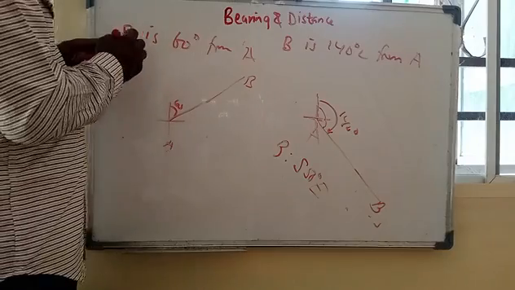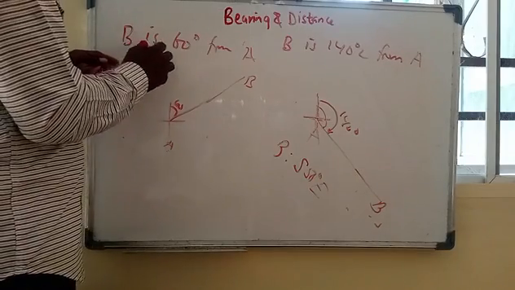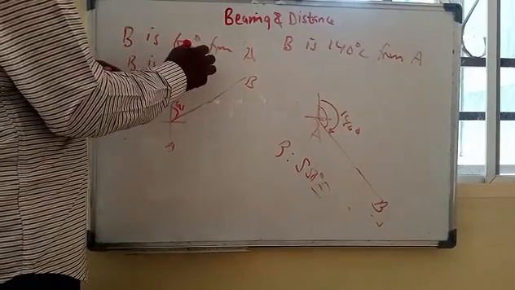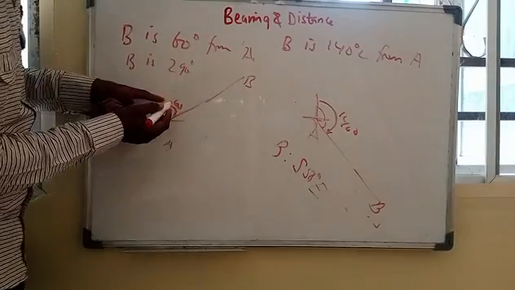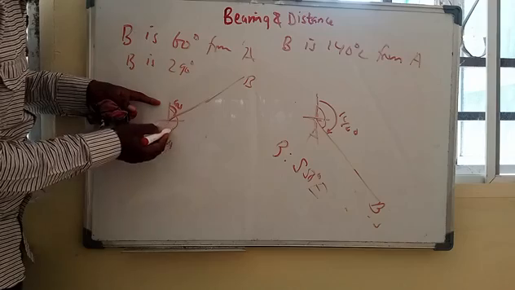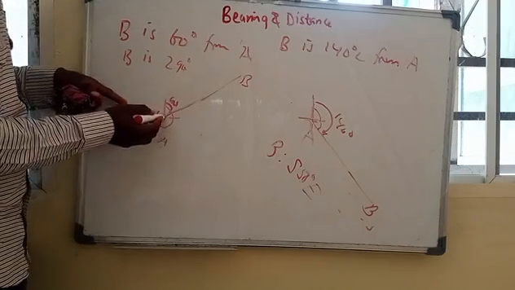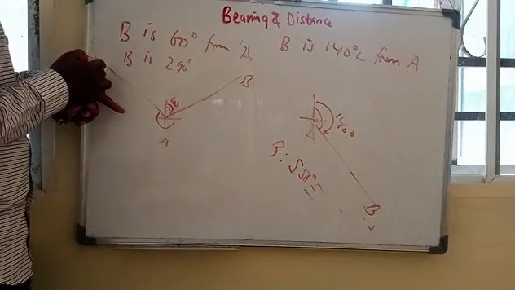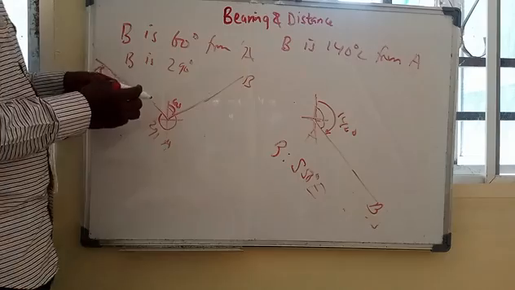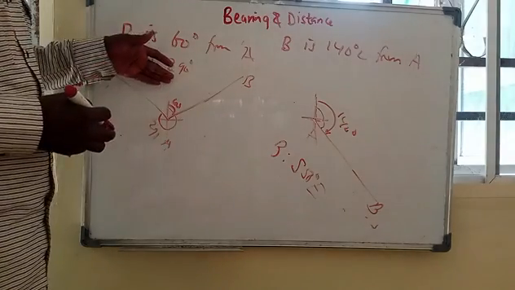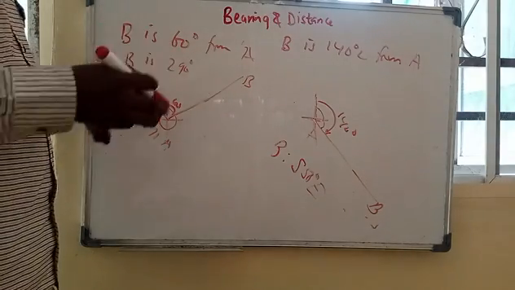And supposing B is 290 degrees from A. You move from A, this is 180, 270, and 290 somewhere here. So B will be located somewhere here, which means B lies in the northwestern part. You understand?